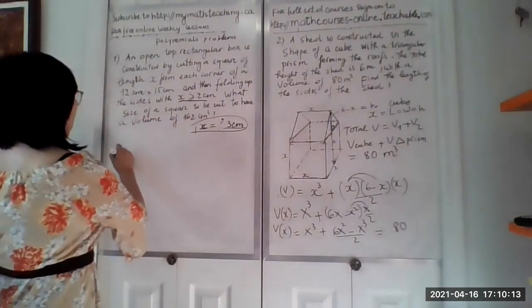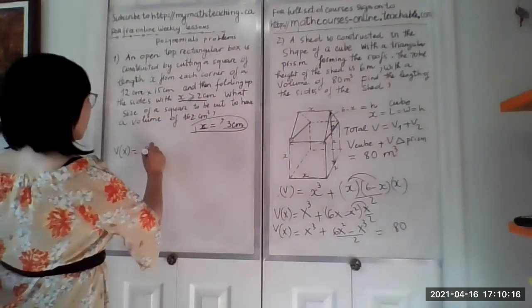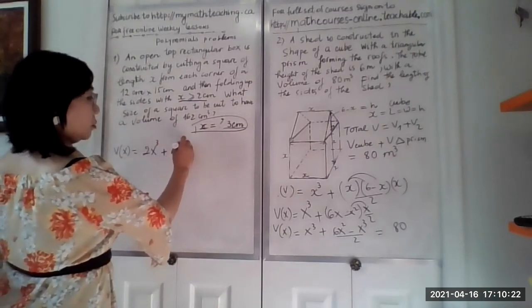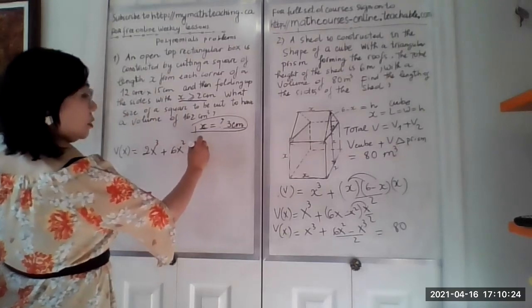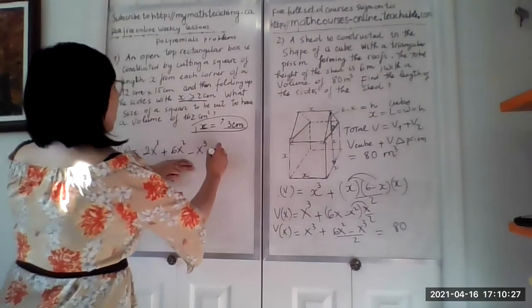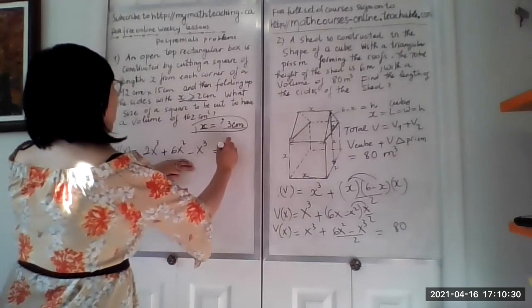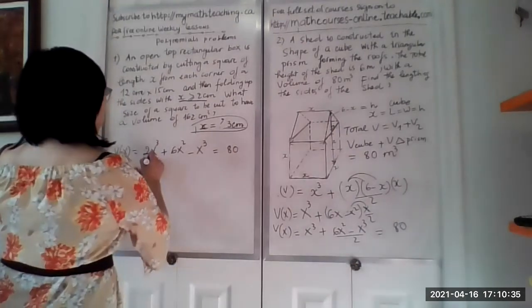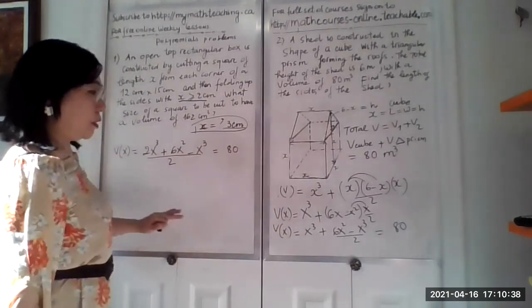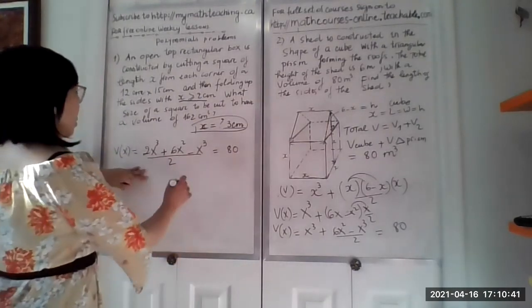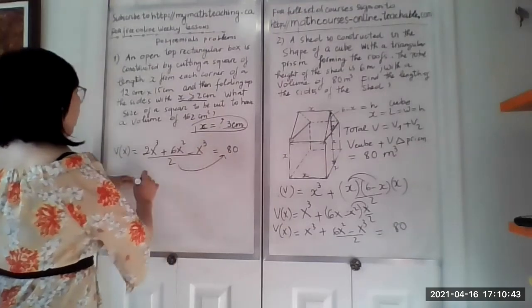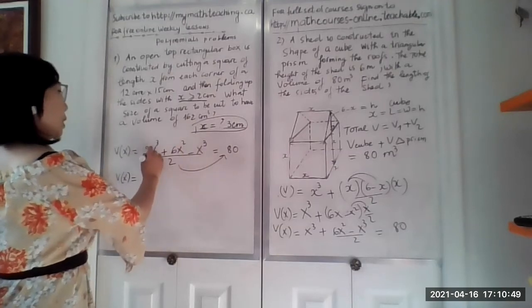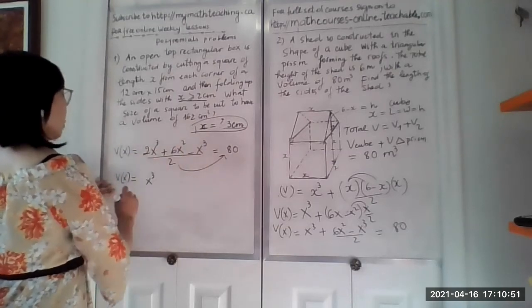I will have volume of x equal to 2x to the power 3, adding with 6x to the power 2 minus x to the power 3, equal to 80, all of this over 2, right? Because I have to do a common denominator. So now I'm going to kick this up. So volume of x will be equal, and this is x to the power 3 and this is 2x to the power 3. So I'm going to make it become just x to the power 3.